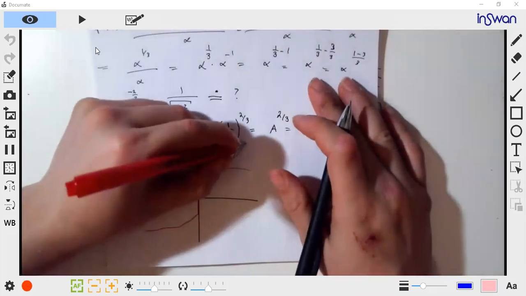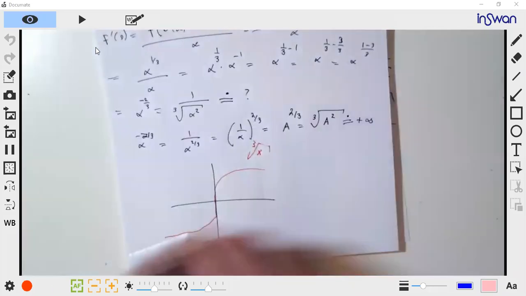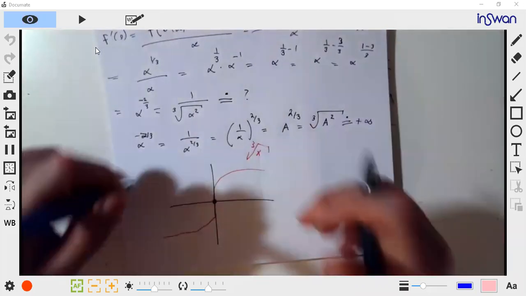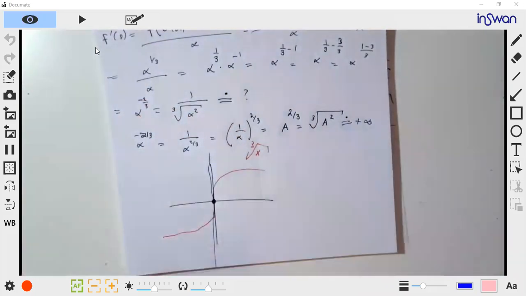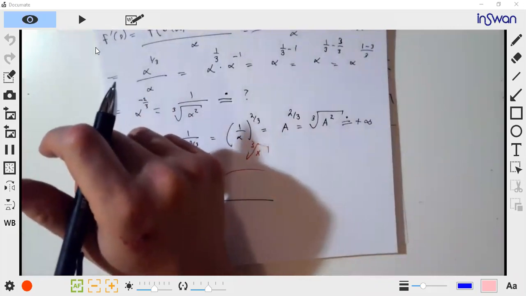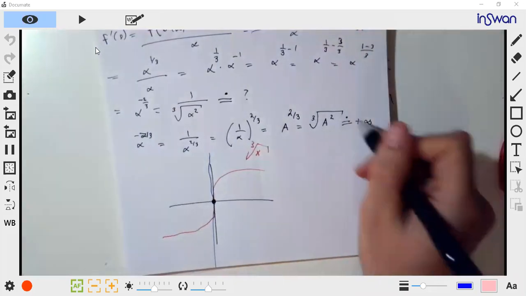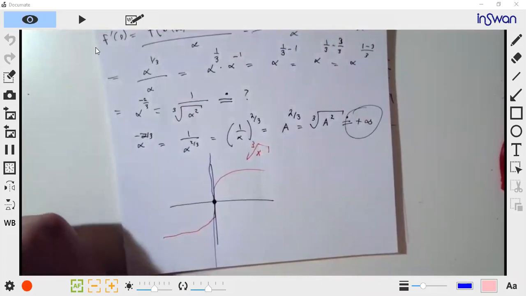And so at x equals 0, you notice that there's this infinite tangent line. So this is called a tangent line of infinite slope. That's why you're getting this value. The slope is actually infinity because it's going up vertically.